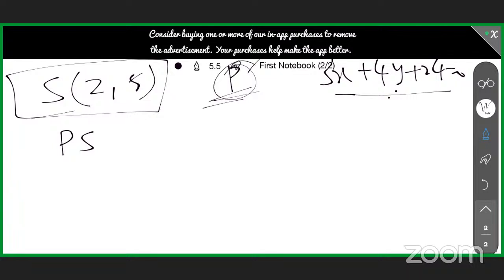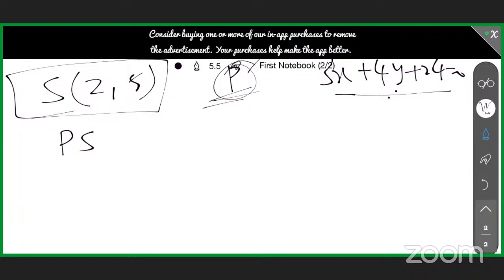What do you understand by the distance of a line to a point?